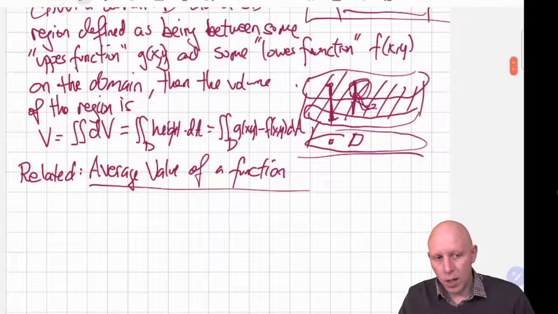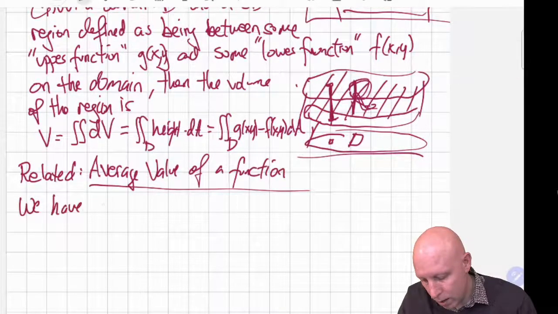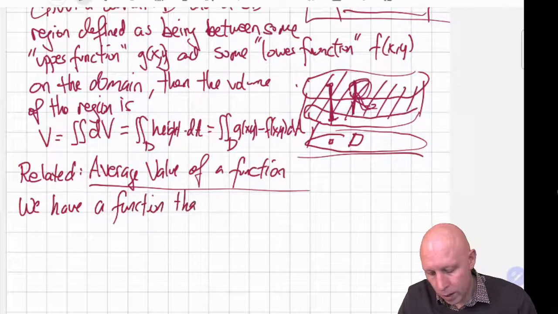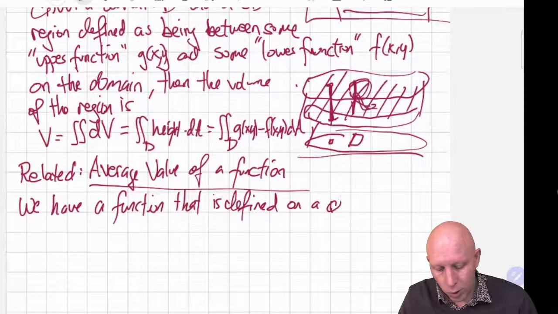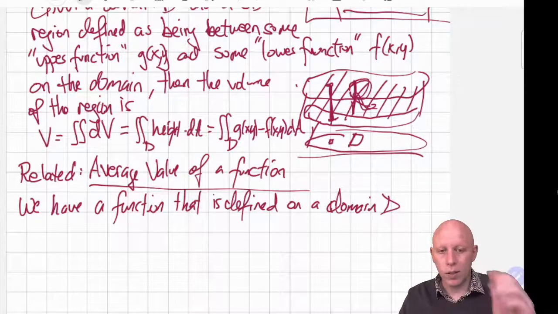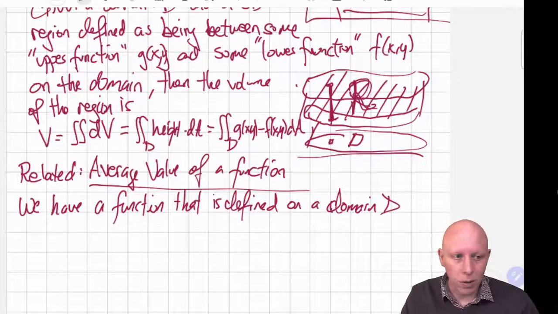So we have a function that is defined on a domain D. So it's some function that any point you plug in from D, you get a value out from the function.